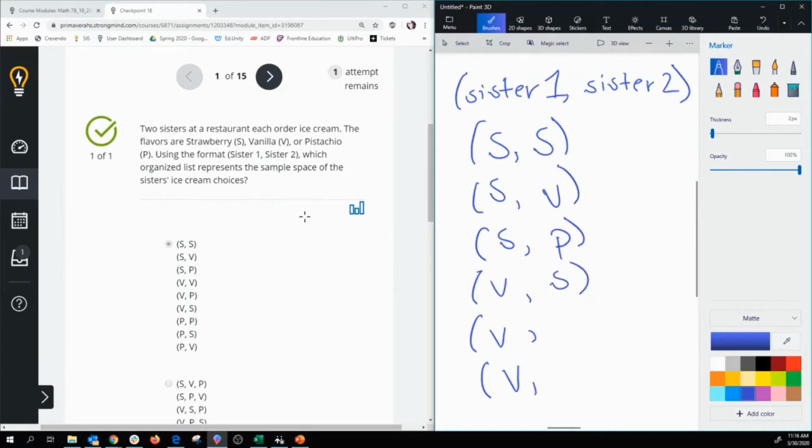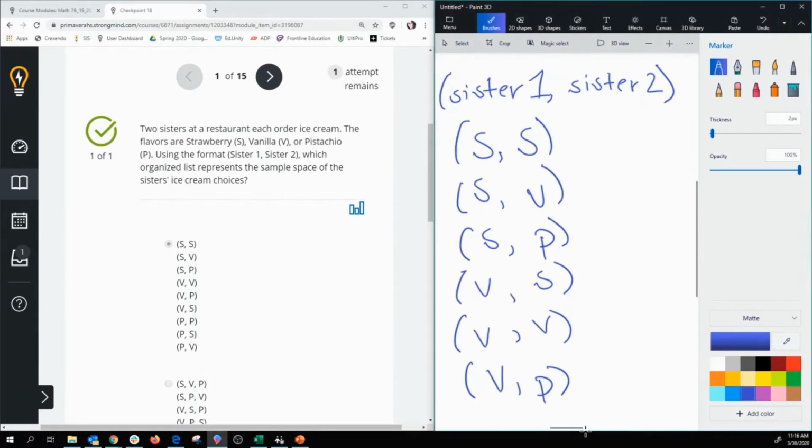So sister 2 could get strawberry, vanilla, or pistachio. So are you guys noticing a pattern with our different outcomes here for our 2 sisters? So that means that if the last sister is like, I only want pistachio, the other options that sister 2 could pick would be the same. Sister 2 could also get strawberry, vanilla, or pistachio.